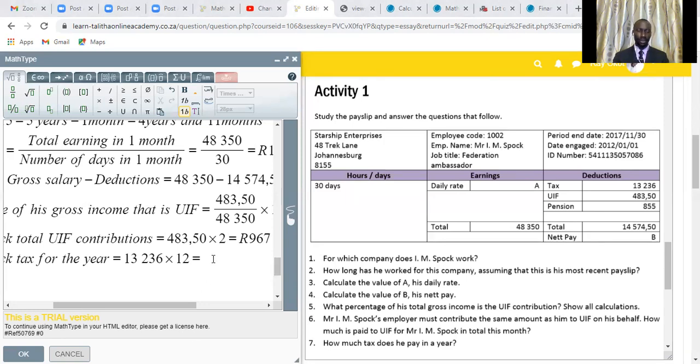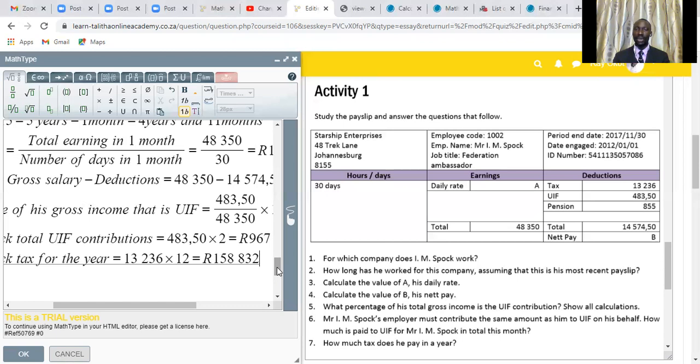That's quite a lot, right? 158,000 and 832. So yes, this man is really paying a lot in tax. He deserves to get appreciation and recognition. So that is what we have.